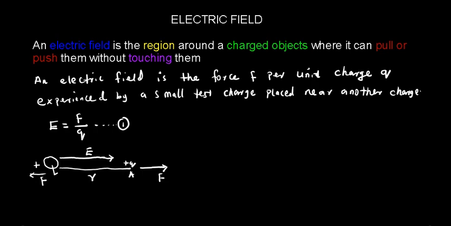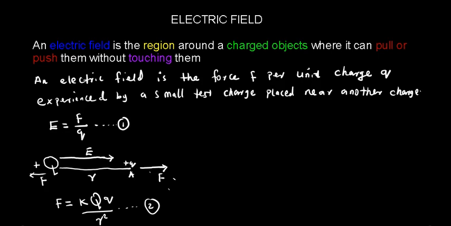Now, according to Coulomb's law, F equals K, the big Q, multiplied by the small q, divided by R squared. We can call this equation 2.